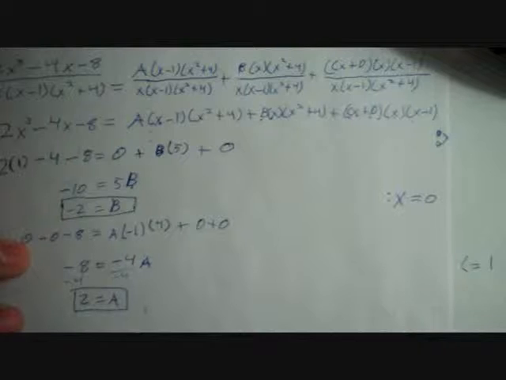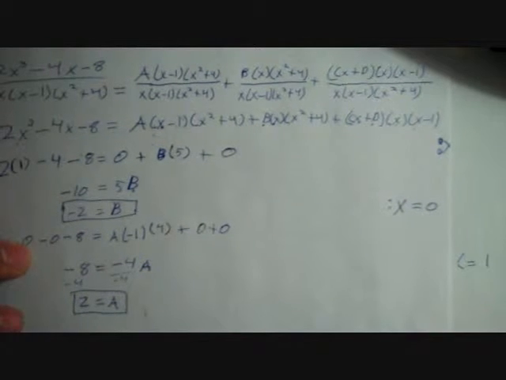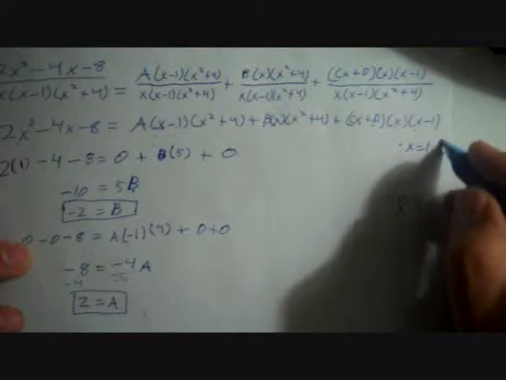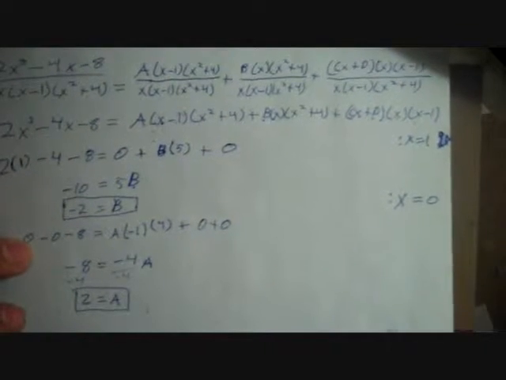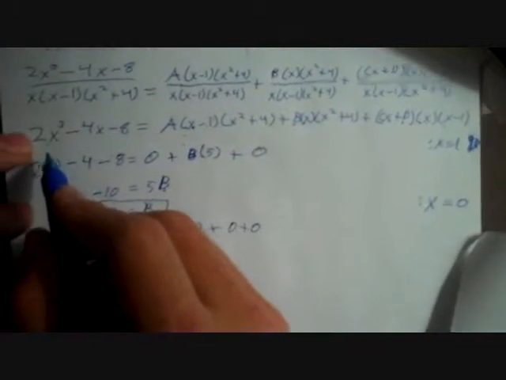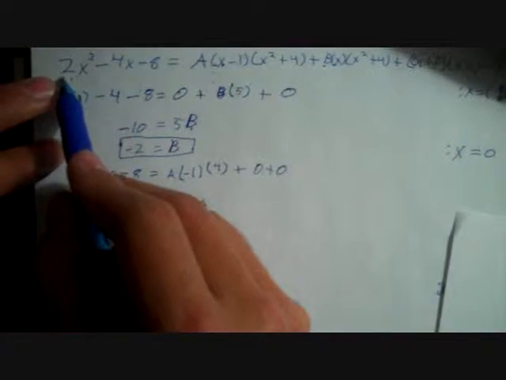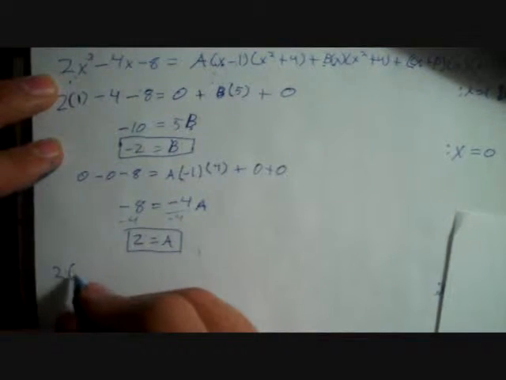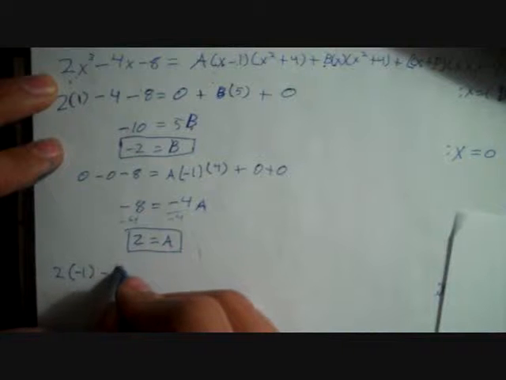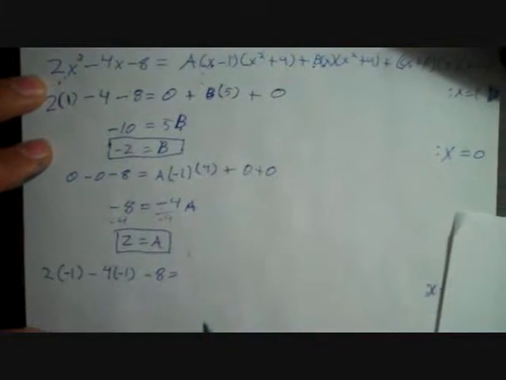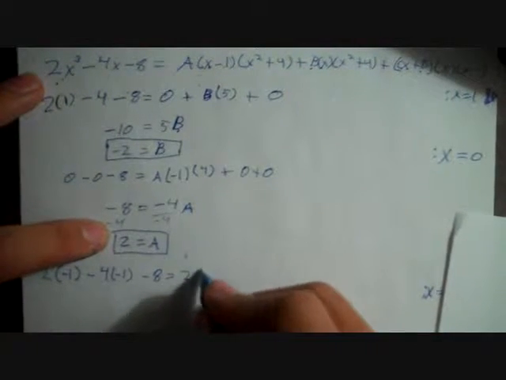So a good convenient value for x, well, let's just try x equals -1. Okay? Because the other ones we tried are x equals 1, x equals 0. So if x equals -1, we'll have 2 times -1 cubed, -1 cubed is -1, minus 4x, well, x is -1, so 4 times -1, minus 8 equals, a is 2.